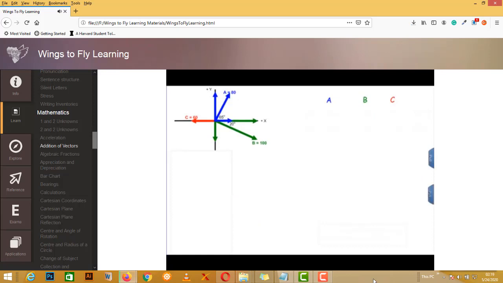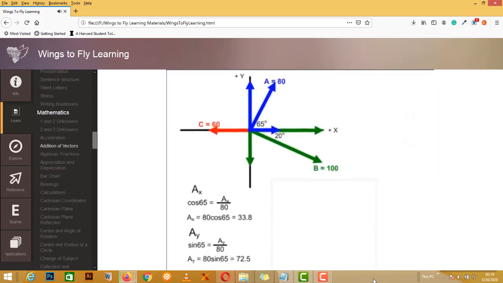And what I suggest is, off to the side, and let me remove this covering here, you can calculate the components. So you can see the x component for vector A is defined by the cosine of the 65-degree angle. The cosine of that 65-degree angle is equal to adjacent over hypotenuse.